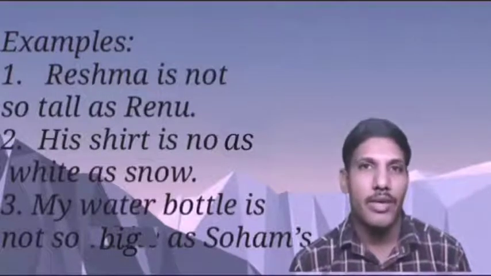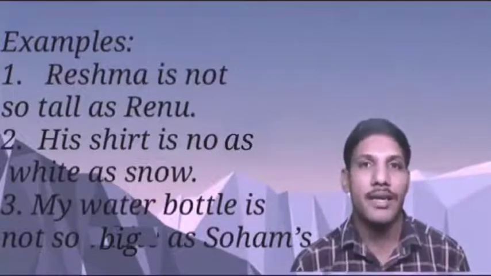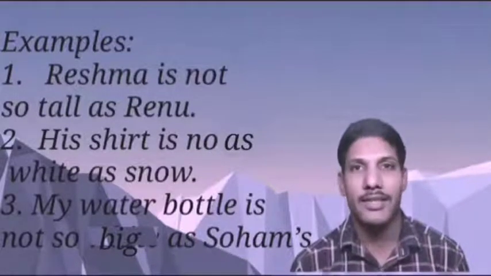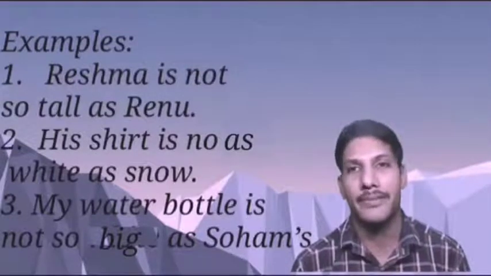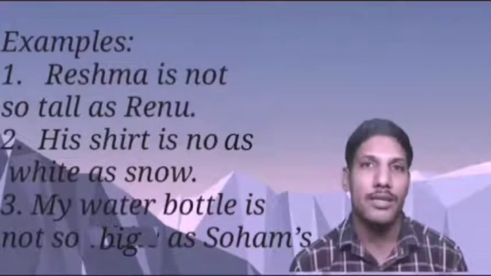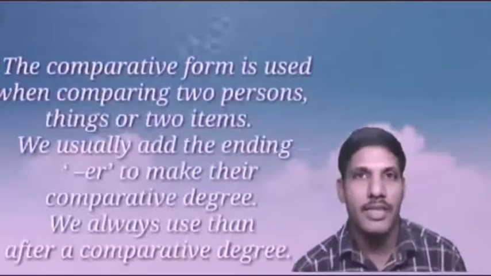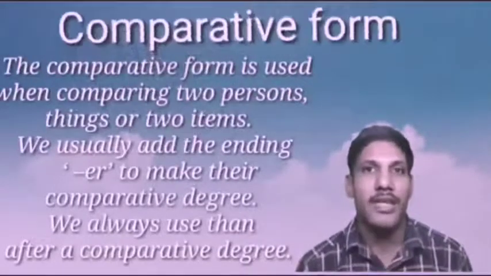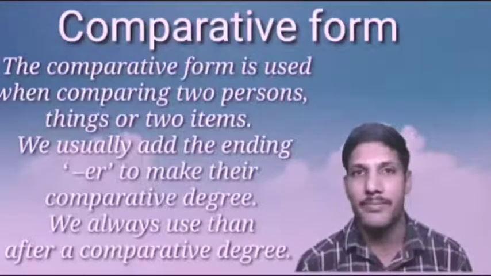In the last example we have, my water bottle is not as big as Sohan's. In this example, the size of the water bottles are compared, and my water bottle is smaller than that of Sohan's. The next degree of comparison that we are going to study is comparative degree.